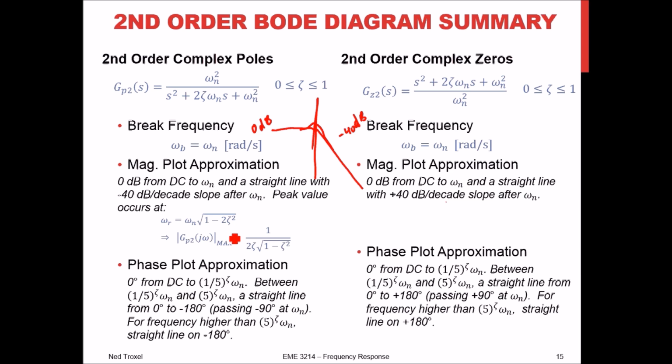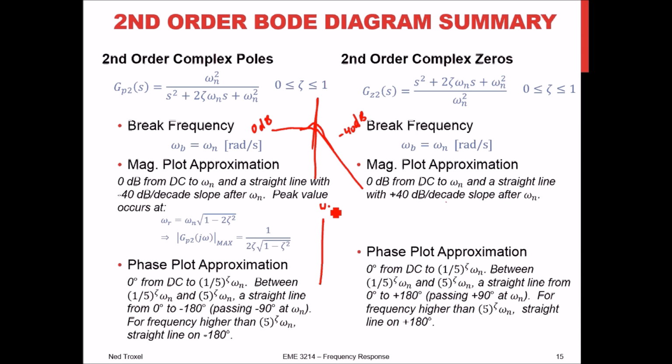For the phase, it's actually best to use a little bit of an approximation here. So 1 over 5 to the zeta power times omega n, and 5 to the zeta power times omega n. So you can calculate what those two frequencies are.